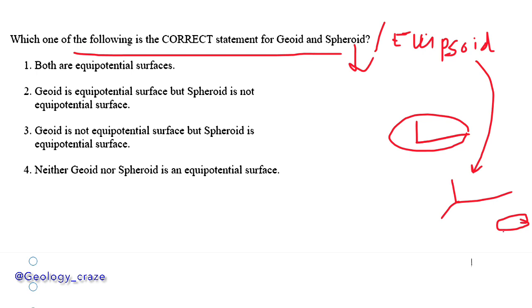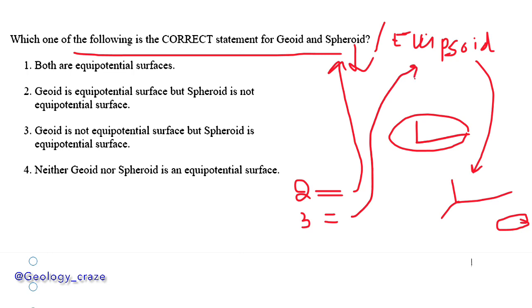Now there is one condition: in these three axes, if two are equal, then the figure becomes a spheroid. If all three are equal, then we call it an ellipsoid.